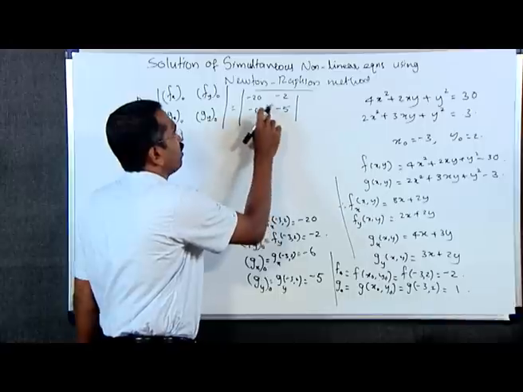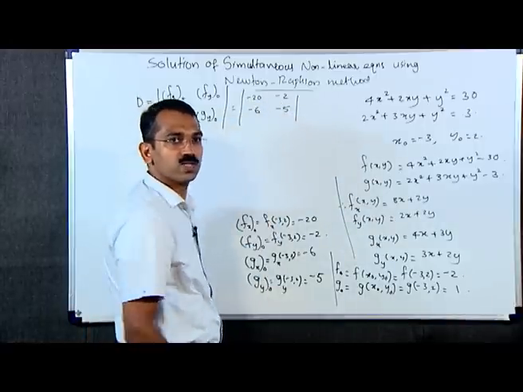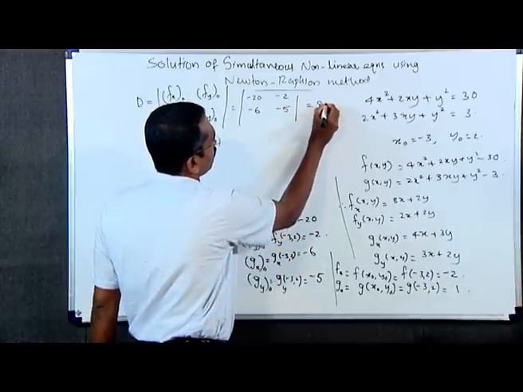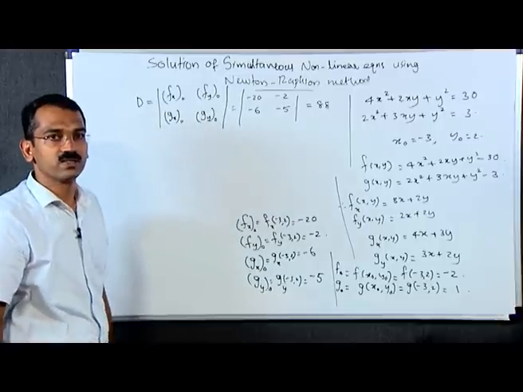That is minus 5 into minus 20 minus minus 2 into minus 6, which is equal to 88. The value of D is 88.